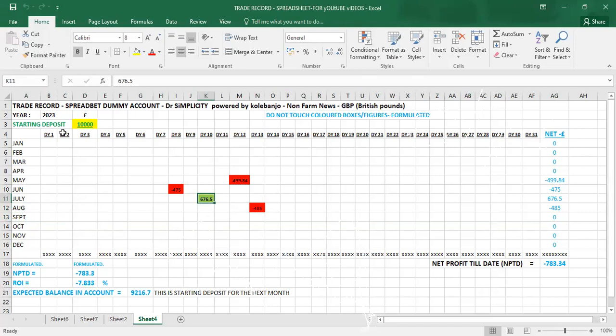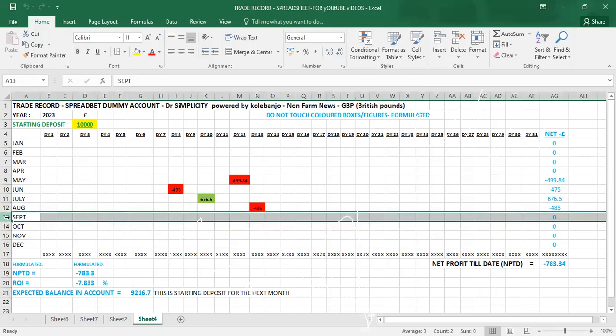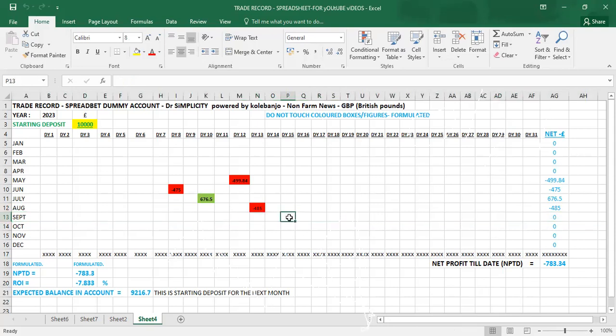We started with a deposit of 10,000 and we're down to 9,216. Now for our September trade, we didn't make any profit by the good till date of the 15th, so we're going to put that here as a 0. That shouldn't change the bottom line in terms of where our next starting deposit will be. Our next starting deposit will still remain 9216.7.